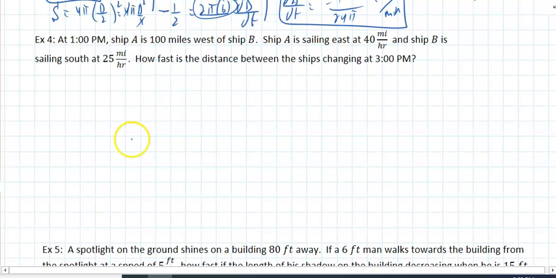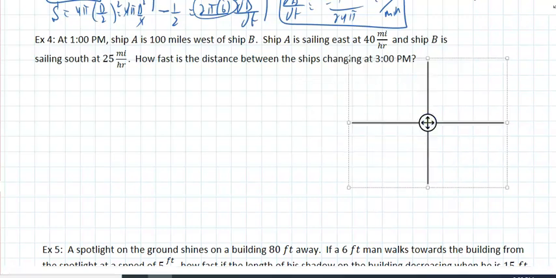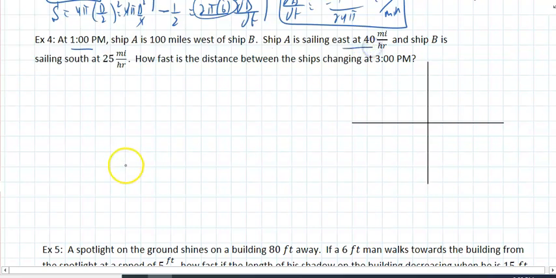Okay, at 1 o'clock, ship A is 100 miles west of ship B. Ship A is sailing east at a rate of 40 miles per hour and ship B is sailing south.